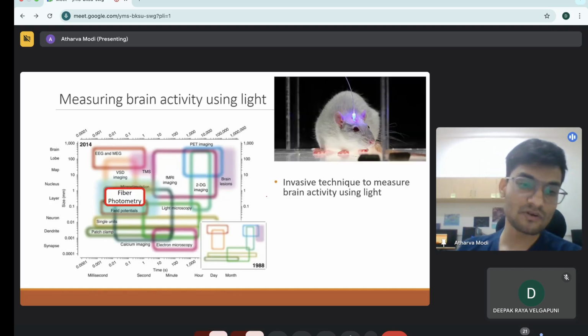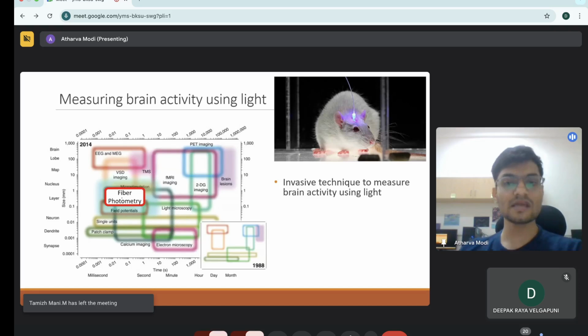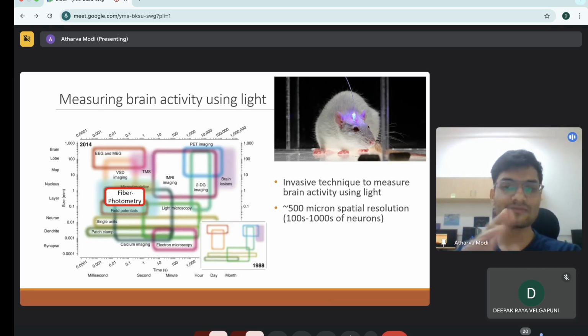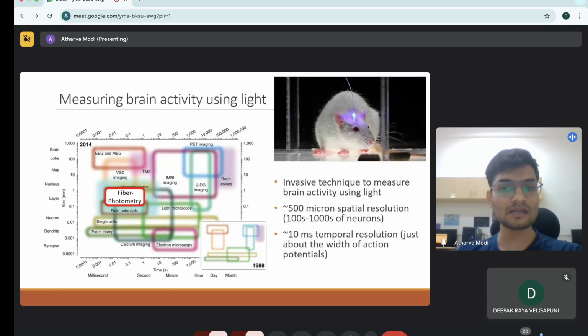What is fiber photometry? Photometry falls somewhere here. It is an invasive technique to measure brain activity using light. Invasive means we have to go inside the brain, and the spatial and temporal scale fall somewhere here, around 500 micron spatial resolution, which includes hundreds to thousands of neurons. So it's a bulk activity measurement, and the temporal resolution is around 10 milliseconds, so that's like a few action potentials.